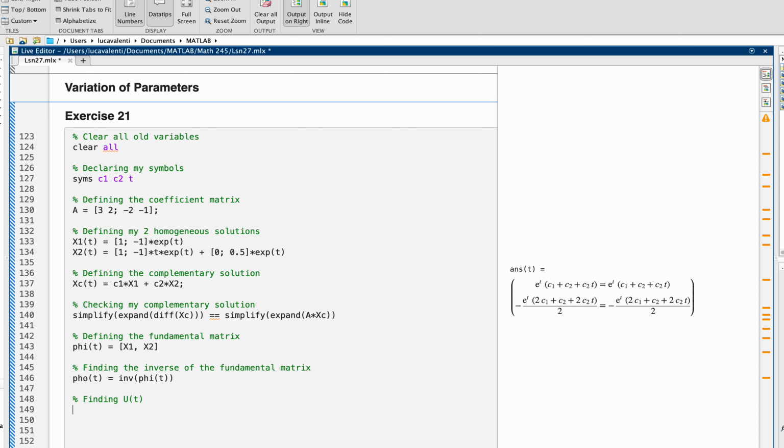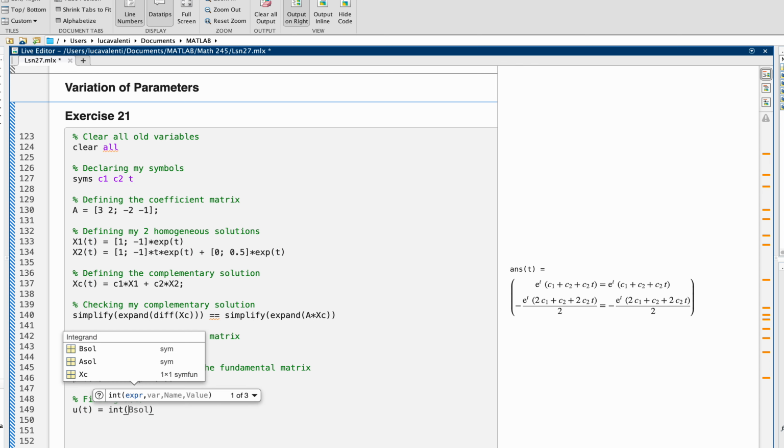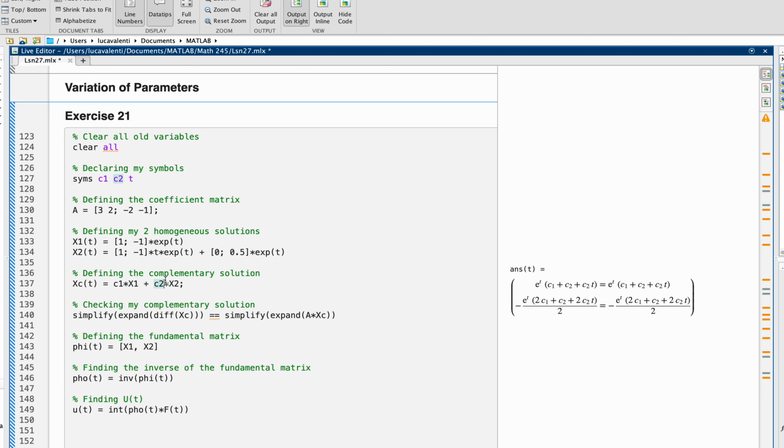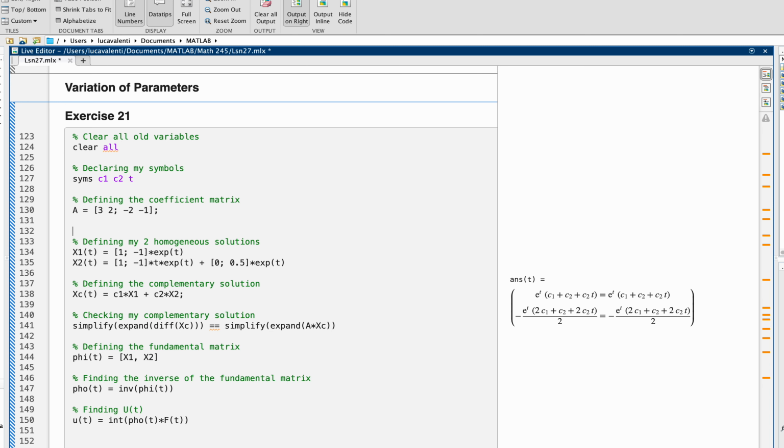Well, we need to take the integral of rho of t multiplied by f of t, but we don't have f of t defined. So let's define f of t up here. So defining the forcing function.